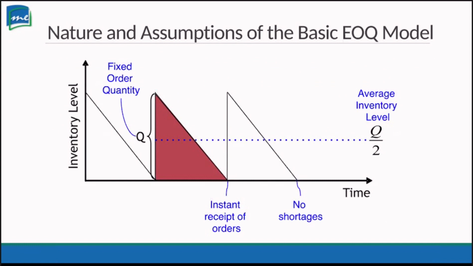In order to have a feeling about the right quantity of inventories, we consider a very basic model here. We make some assumptions, and then we can have an idea about the best decision on the quantity you should order, which we call EOQ, the economic order quantity.